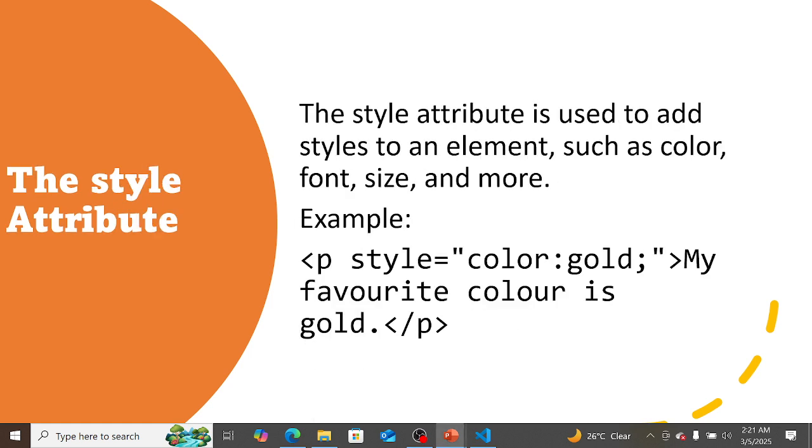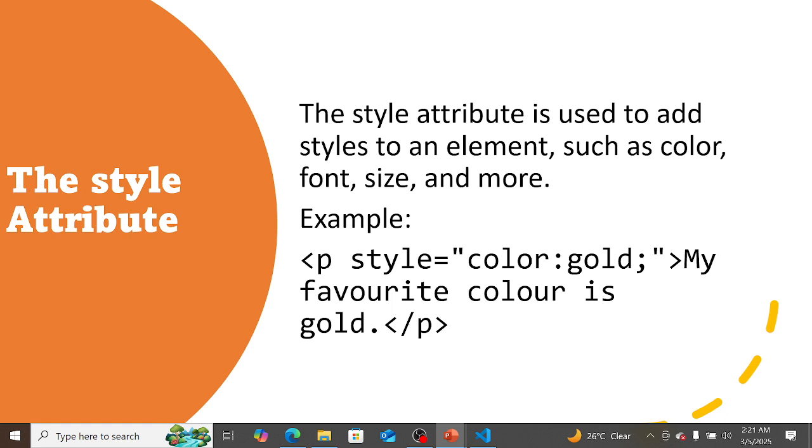We also have the style attribute. The style attribute is used to add styles to an element such as color, font size, and more. Even though styling is done in CSS, you can specify some styles in your HTML using the style attribute.